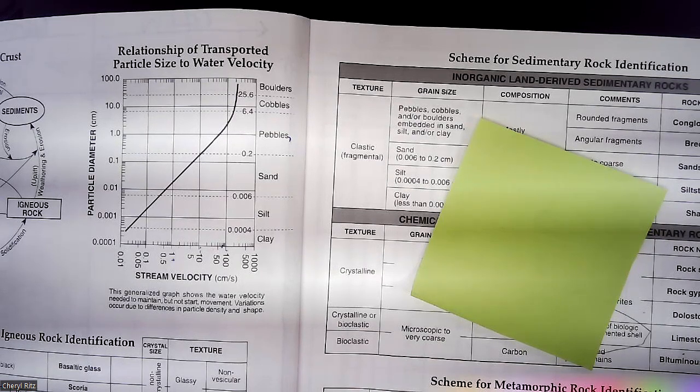A centimeter is about how fat your pinky is. We're doing centimeters per second, not miles per hour. So we got velocity in centimeters per second on the x-axis and particle diameter in centimeters on the y. Keep in mind over here, they did tell you how big the certain particles are. So there's a lot going on this graph, but other than that, it's just a graph.